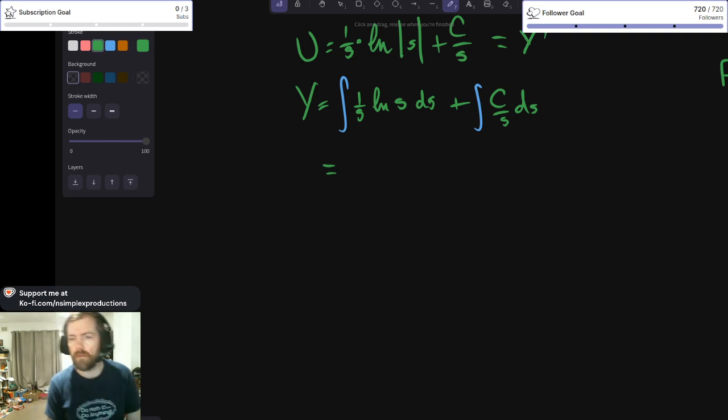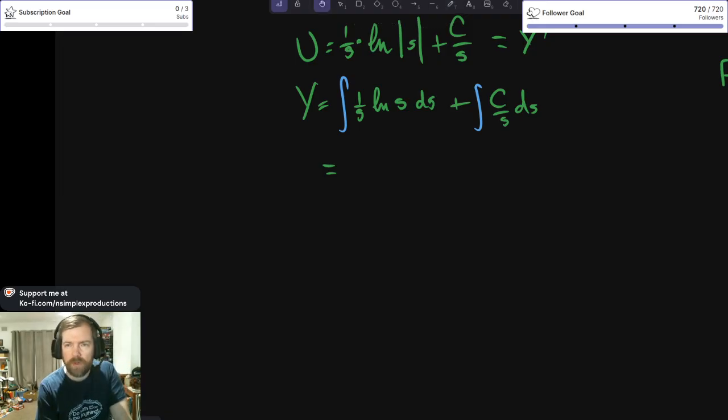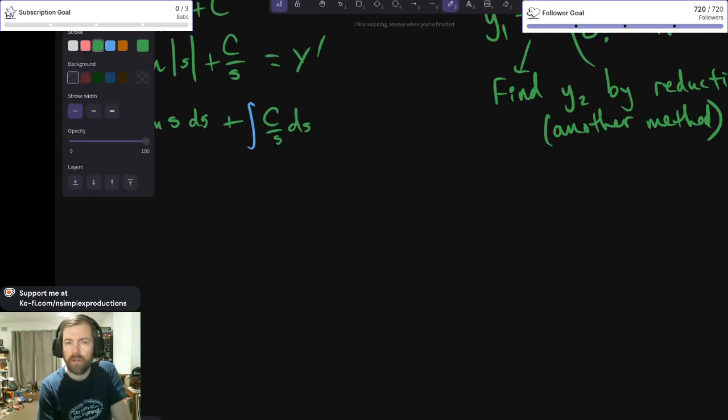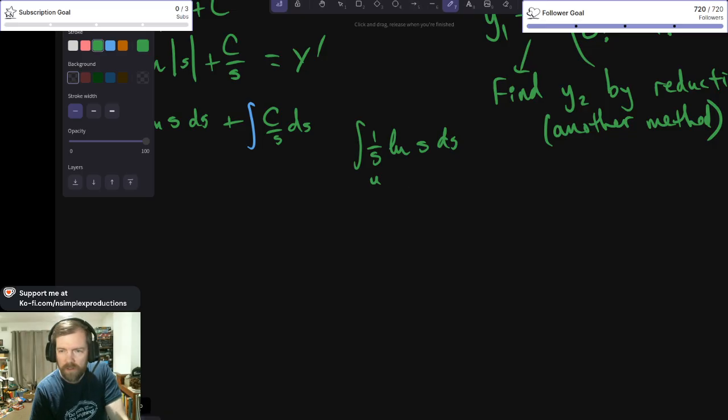Actually, wait. That's weird, but hang on. If we do the integral of 1 over S natural log S dS, right? We say that this is U and dV includes 1 over S as well as the dS.